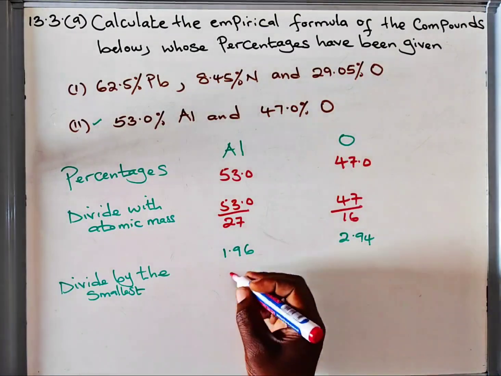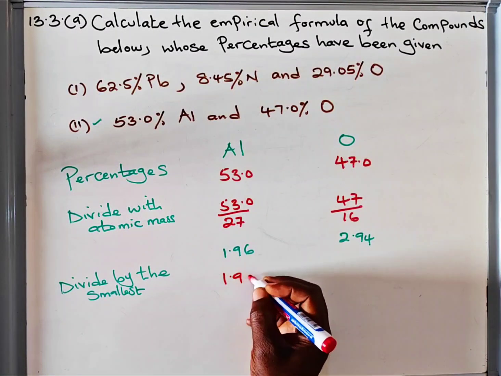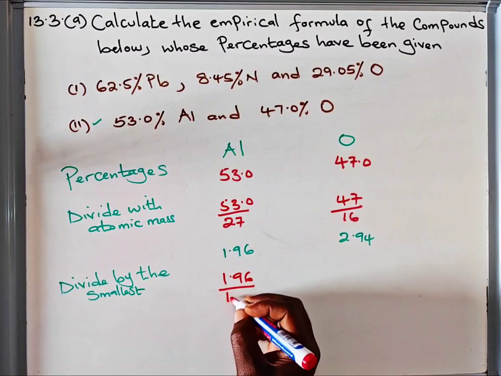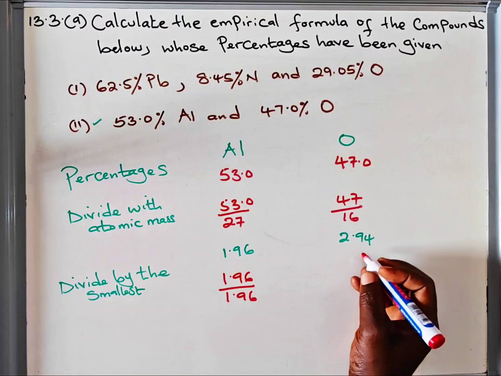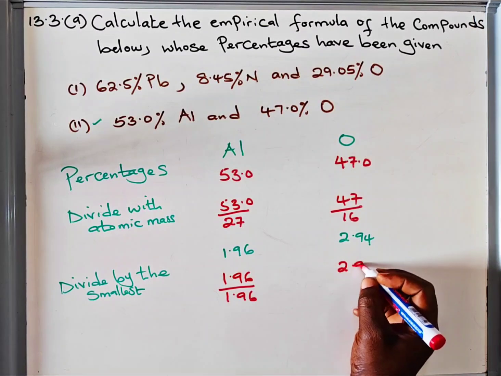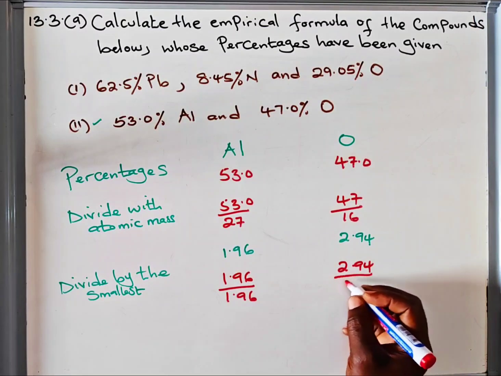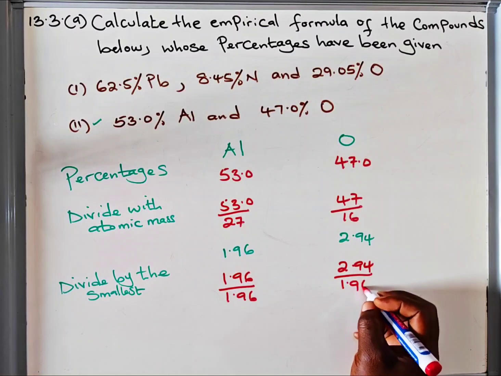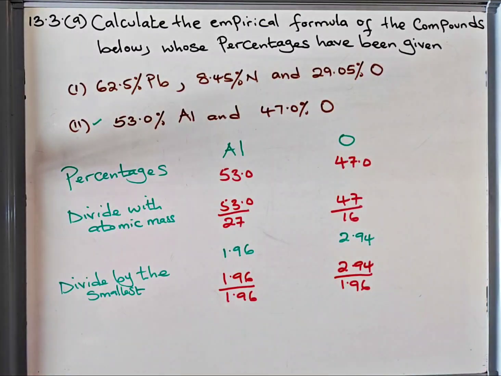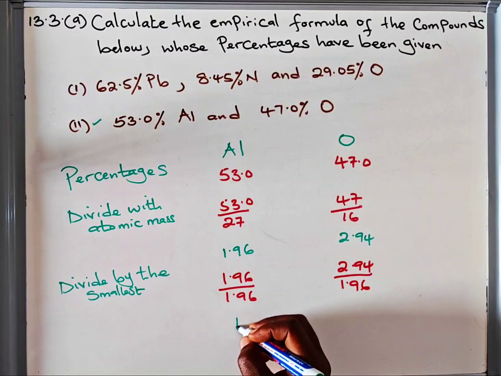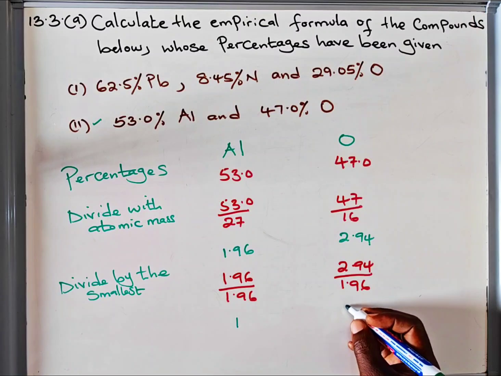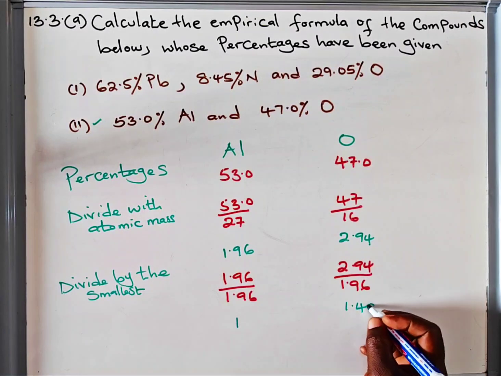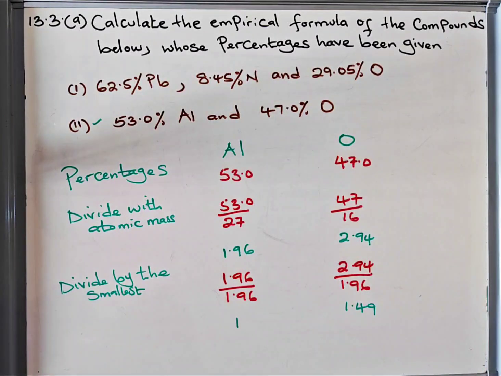So it's going to be 1.96 divided by 1.96, and this is going to be 2.94 divided by 1.96. What we get out of here is going to be 1, and what you get out of here is going to be 1.49, which is approximately 1.5.